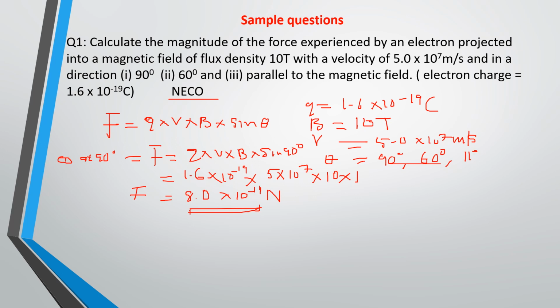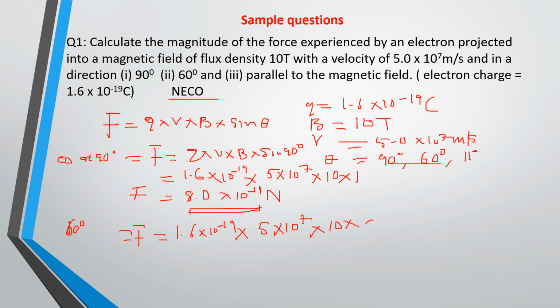Then at 60 degrees, the force will be equal to 1.6 times 10 raised to power minus 19, multiplied by 5 times 10 raised to power 7, times 10, times sine 60 degrees.